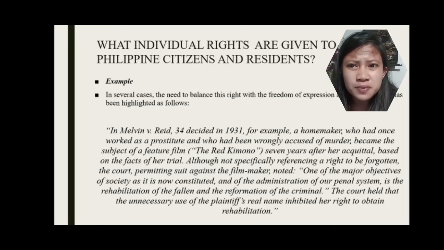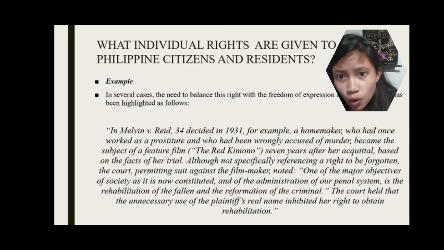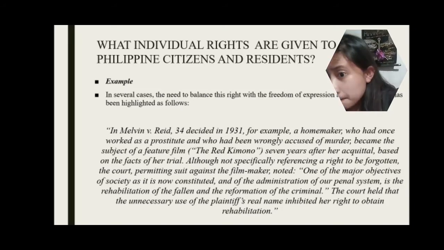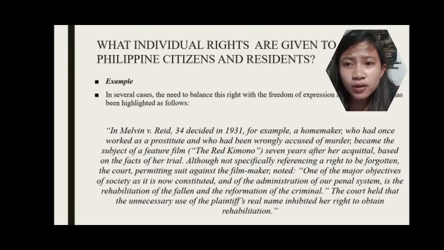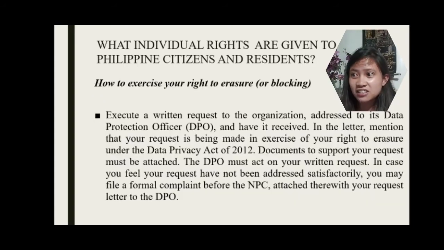Although not specifically referencing a right to be forgotten, the court, in permitting suit against the filmmaker, noted: one of the major objectives of society as it is now constituted, and of the administration of our penal system, is the rehabilitation of the fallen and the reformation of the criminal. So the court held that the unnecessary use of the plaintiff's real name inhibited her right to obtain rehabilitation. So that is an example.